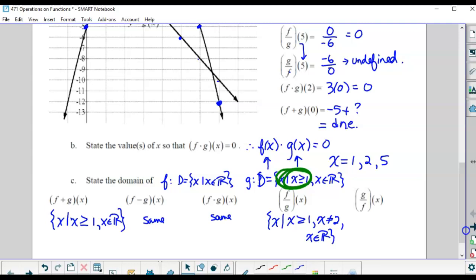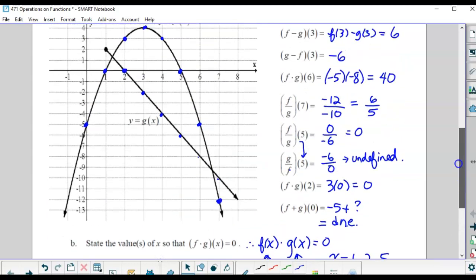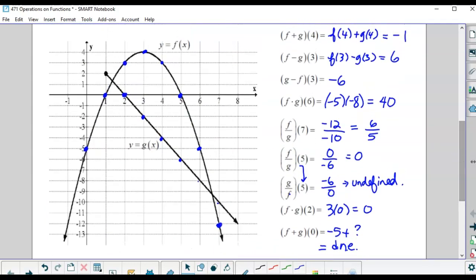And then g of x, same thing. We've got to start with x greater than or equal to 1. And then when is f 0? We already had one of those at 5, and then also at 1.